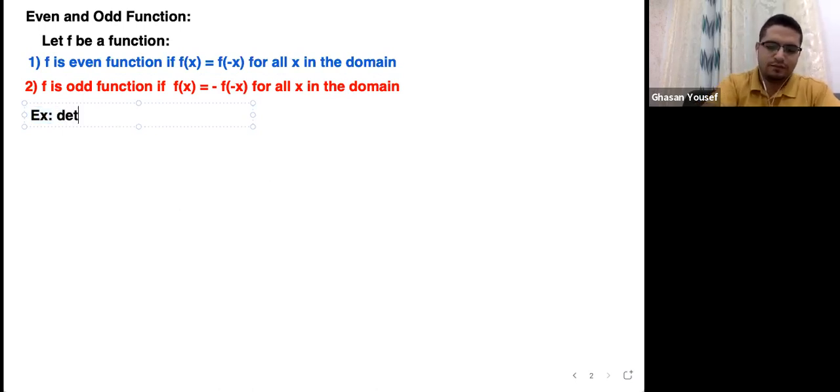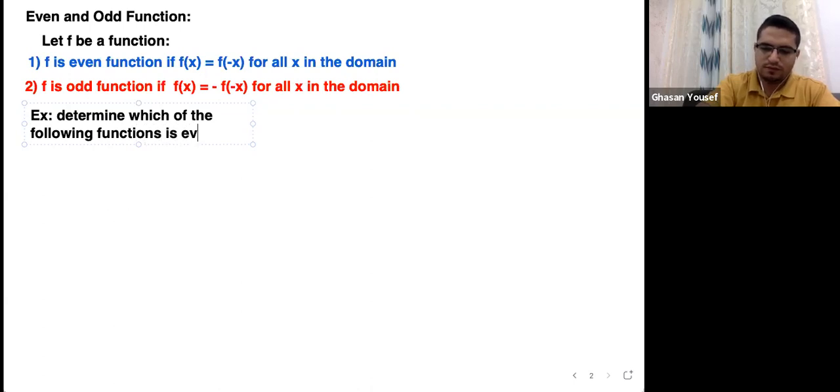Determine which of the following functions is even or odd or neither even nor odd.